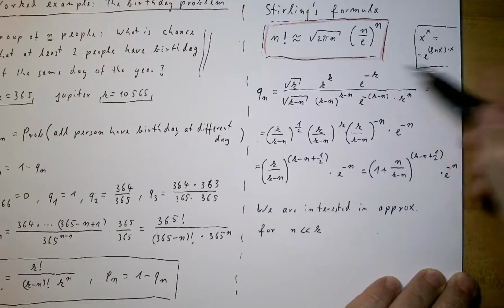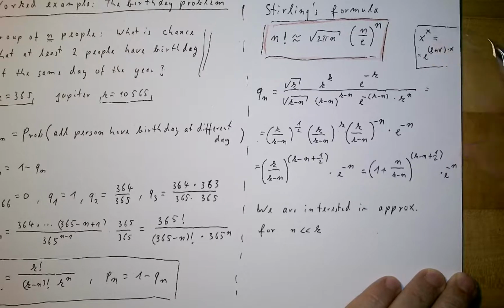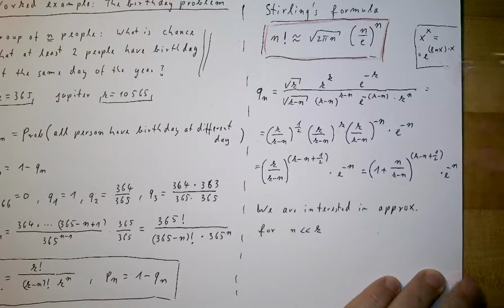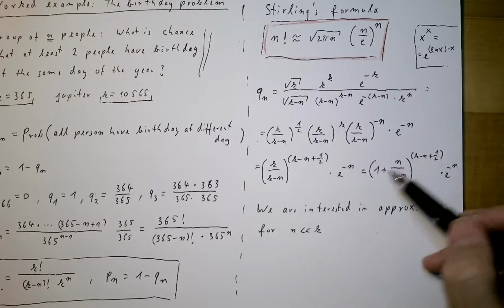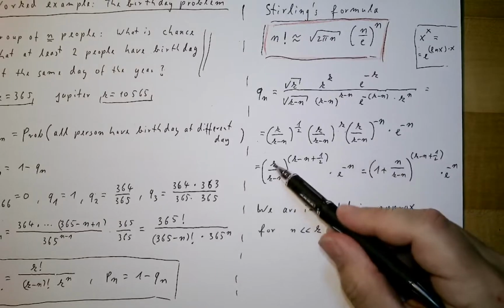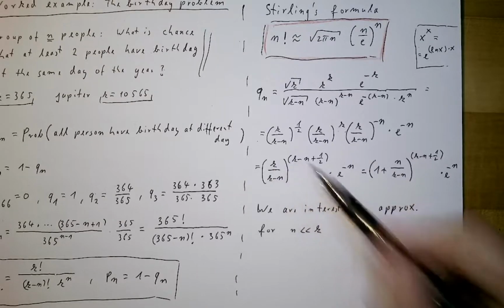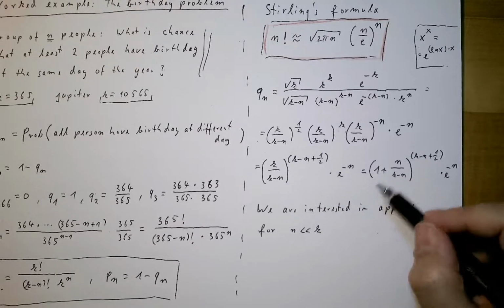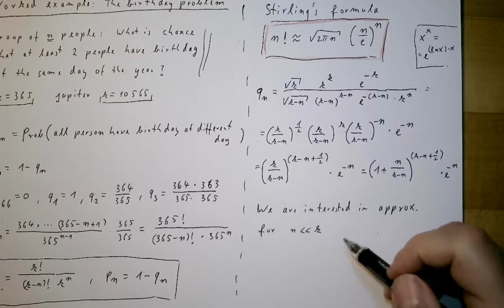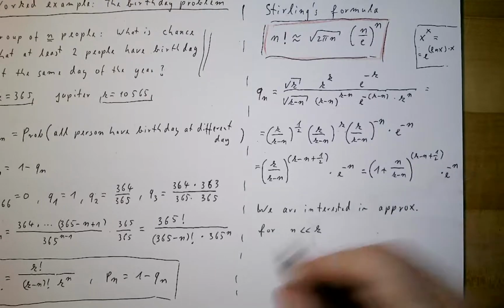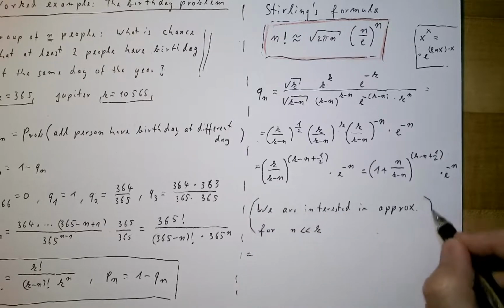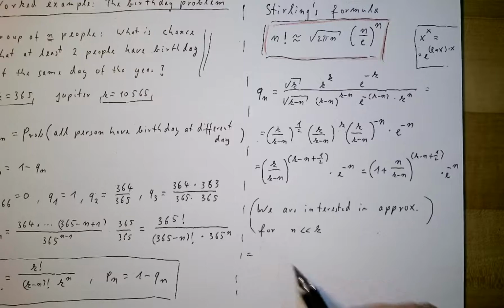That's always the way to write x to the power of something. Even if you want to take a derivative of this term, you first write it like this, and then you can take the derivative. Here we have k over k minus n to the power k minus n, so let's rewrite this as e to ln of this times this.